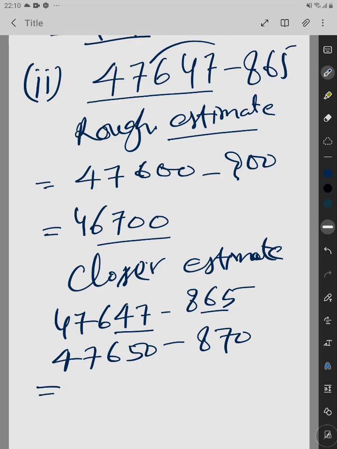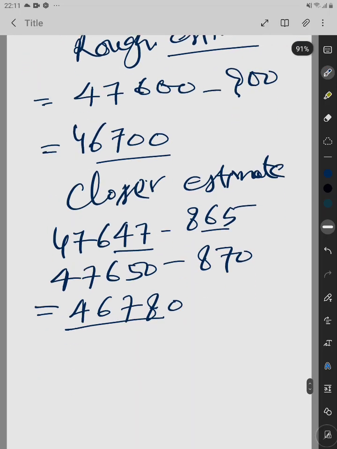So we'll write its answer: 0, and then it is 5, and here it is 7. So you will get 8 here, and 8 here, and here it is 5, then 7, then 6 and 4. Okay, so this is the closure estimate.